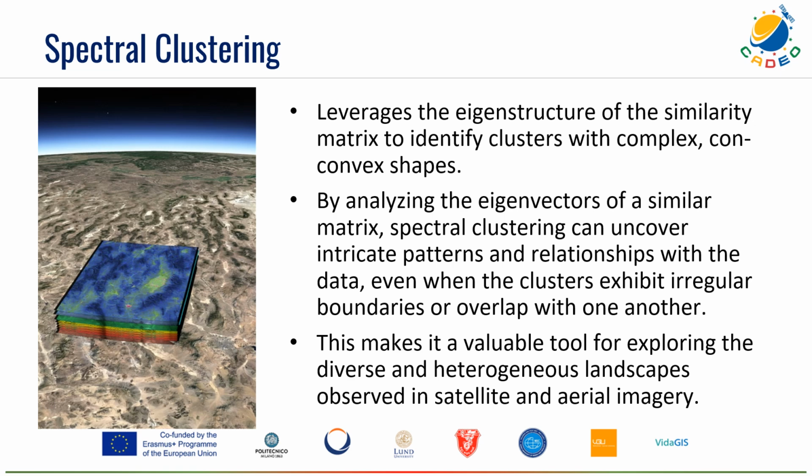By analyzing the eigenvectors of the similarity matrix, spectral clustering can uncover intricate patterns and relationships within the data, even when the clusters exhibit irregular boundaries or overlap with one another. This makes it a valuable tool for exploring the diverse and heterogeneous landscapes observed in satellite and aerial imagery.